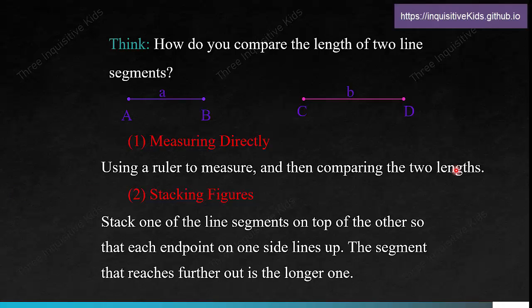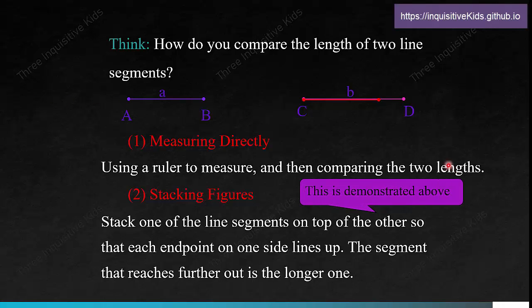So how stacking figures works is that the question is asking you to compare it, not to find the actual value of the length of each line segment. So, without using a ruler to measure, you could just stack them.